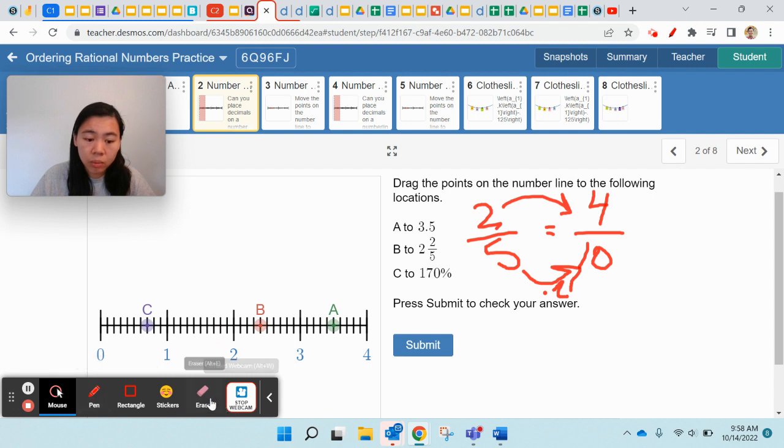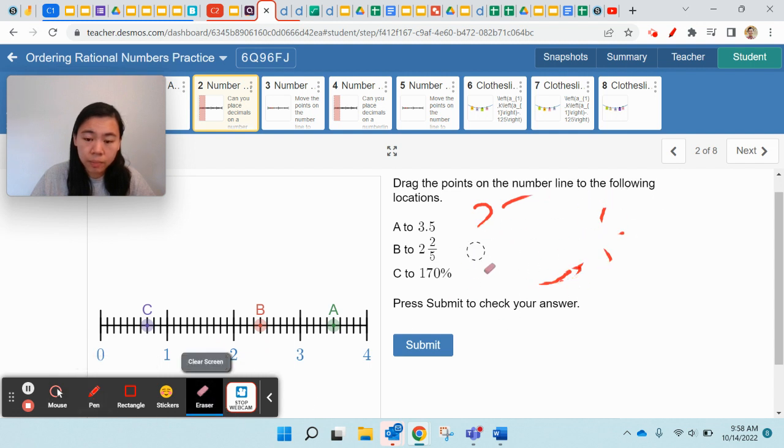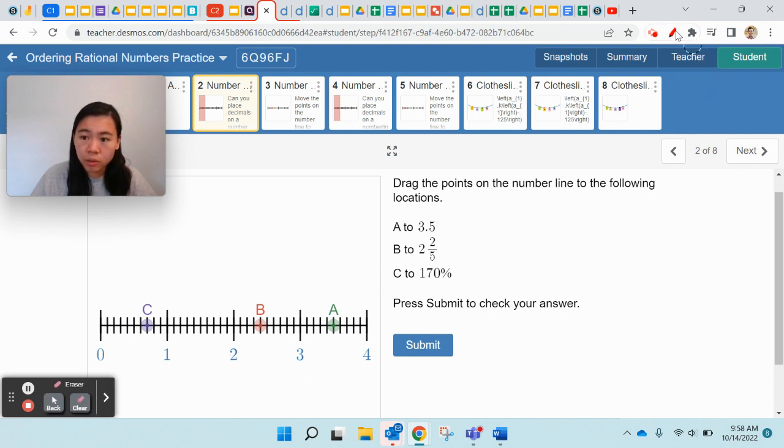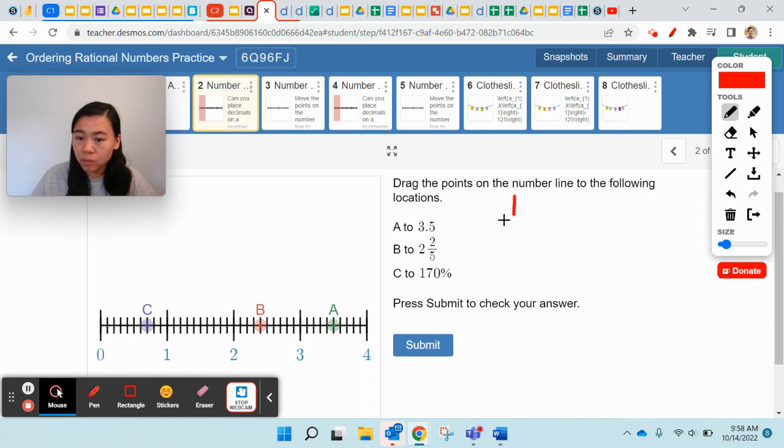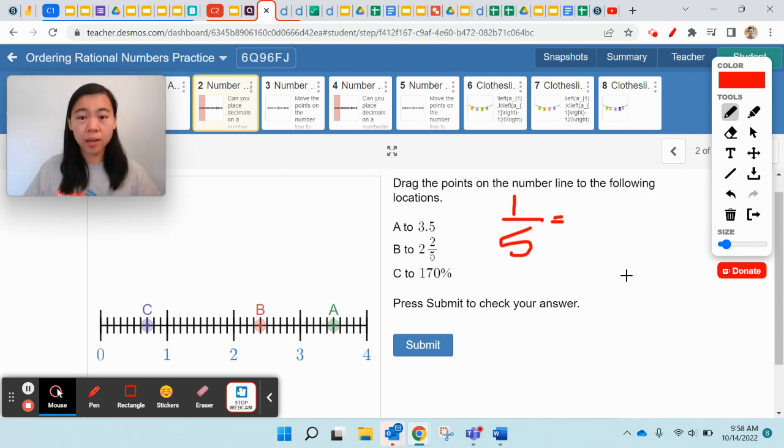Okay, another way that you might know that is a fifth is a benchmark fraction. So we should know that 1/5 is the same thing as 20%. That's just one that we really want to make sure you remember because it makes things a lot easier.